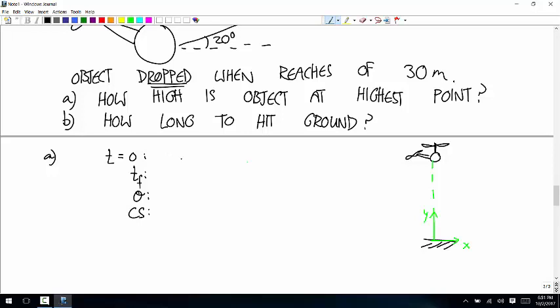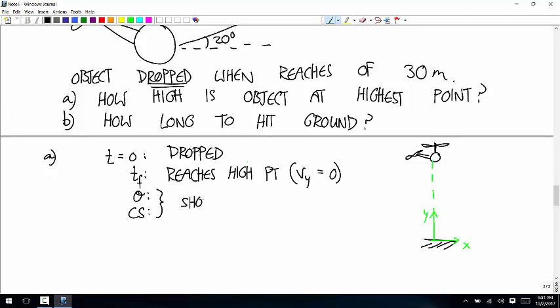Time equals 0 is when the object's dropped. Time final is when it reaches the highest point. And when it gets to the highest point, the way we're going to specify that in the equations is we know that the y component of the velocity has to be 0 at that point. And then the coordinate system is shown.